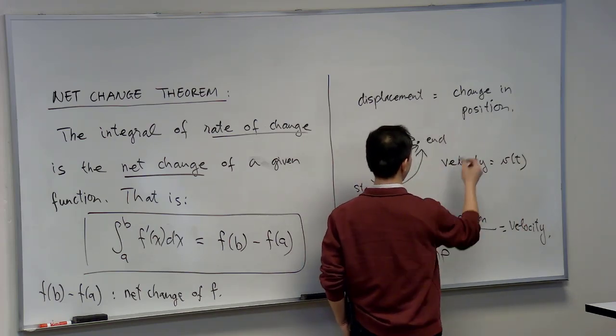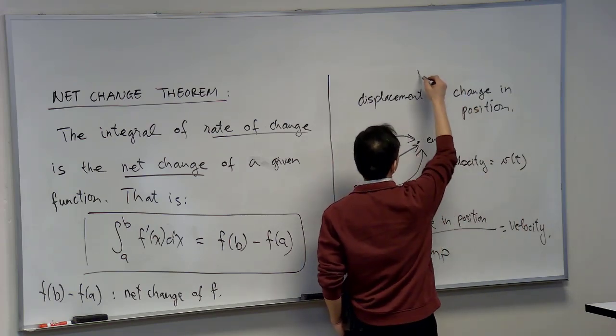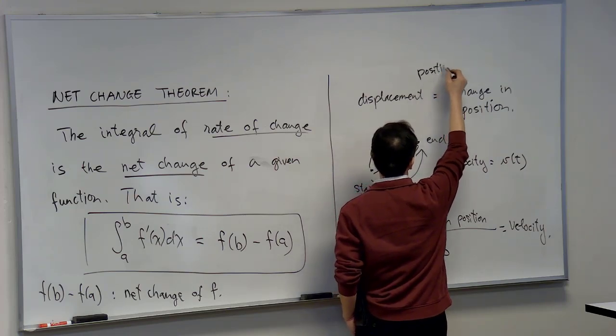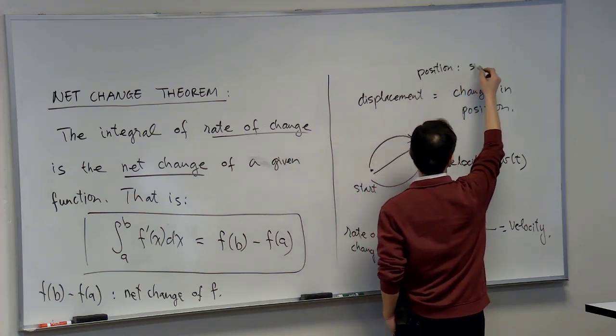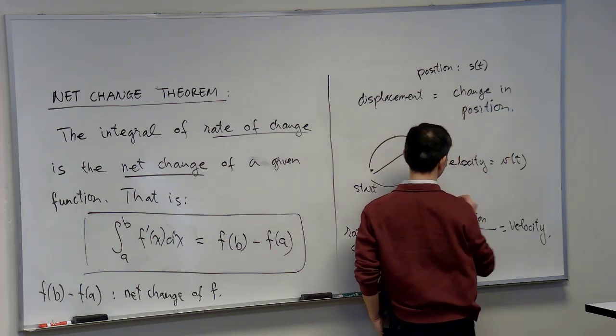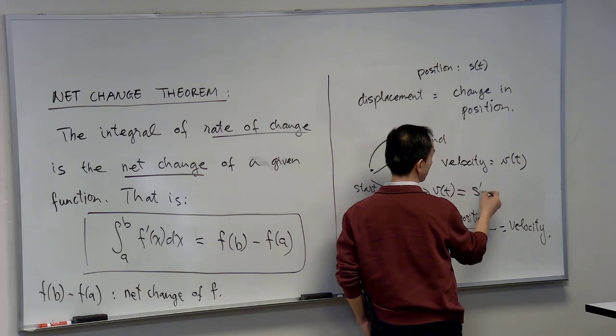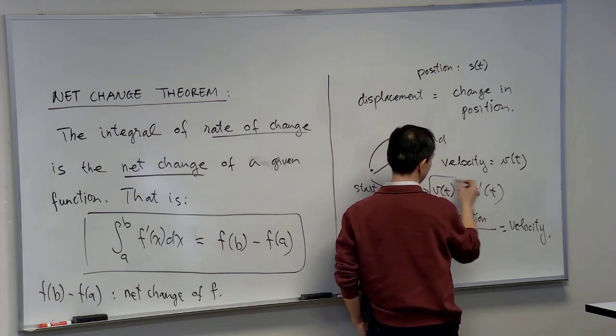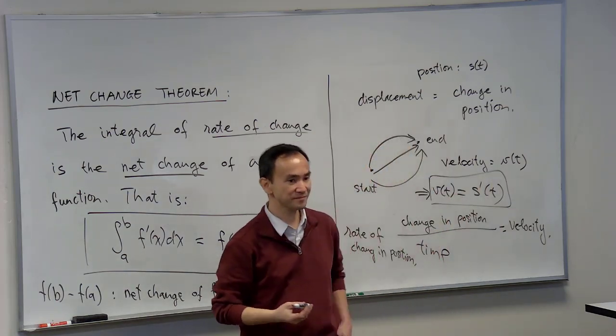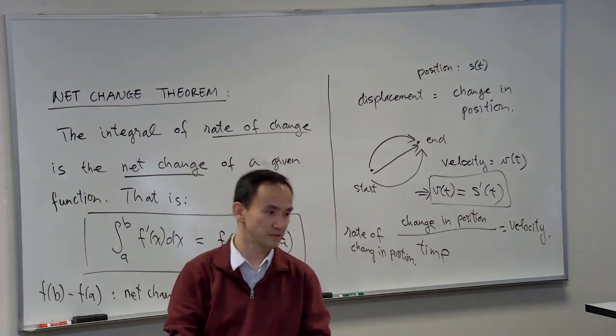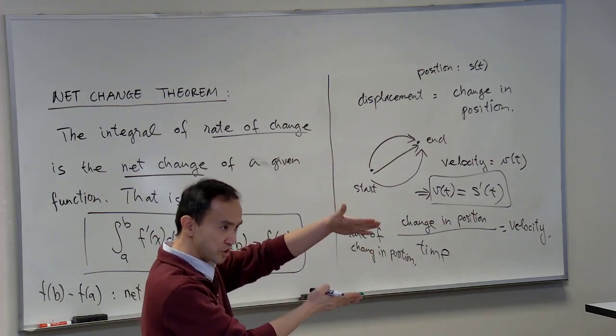And I talked earlier about position being a function s of t, then velocity will be the derivative of the position function. Because again, it's displacement, how much change in position, right, over time.